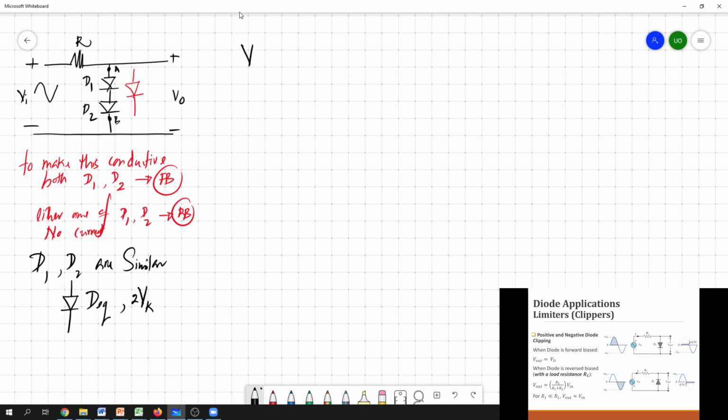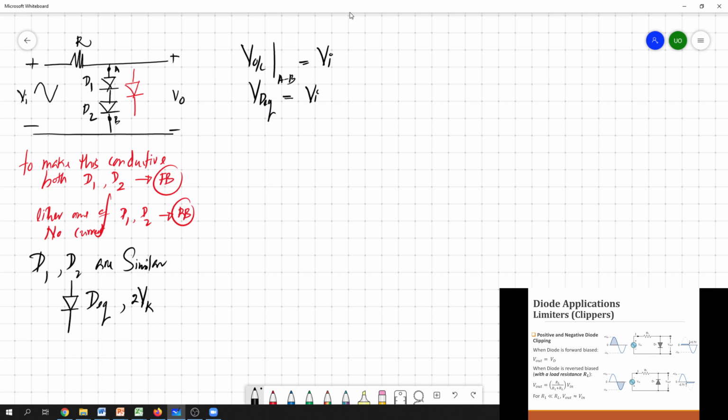We can find the open circuit voltage across A and B by open circuiting this, and this is actually equal to the input voltage. So from this we can claim that VD equivalent, the diode voltage across this equivalent diode, should be equal to the input voltage.